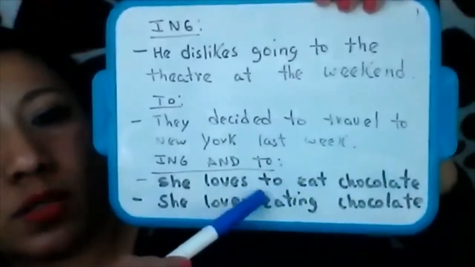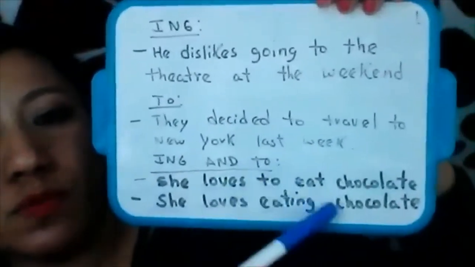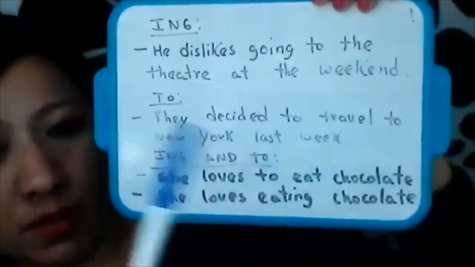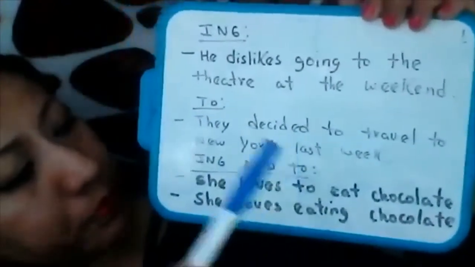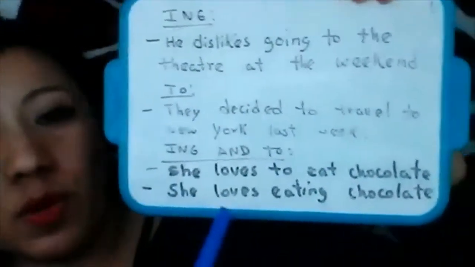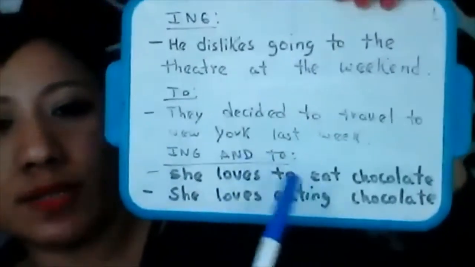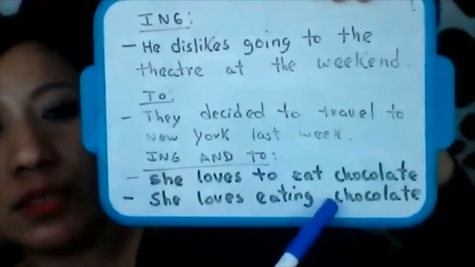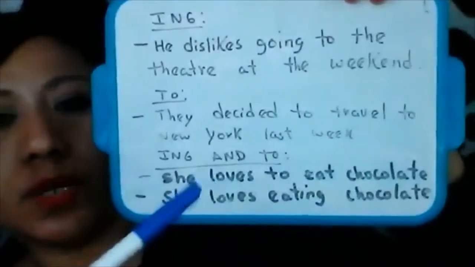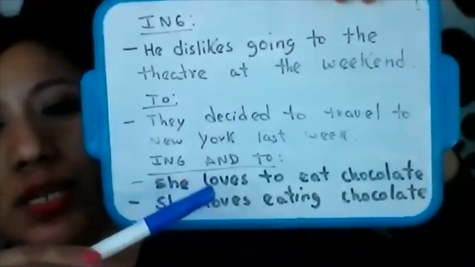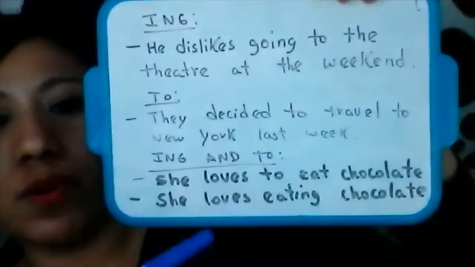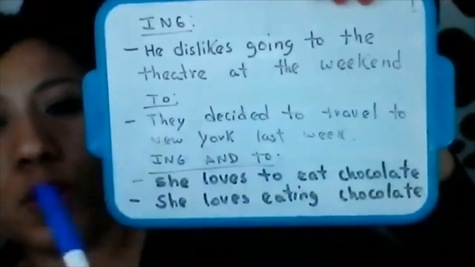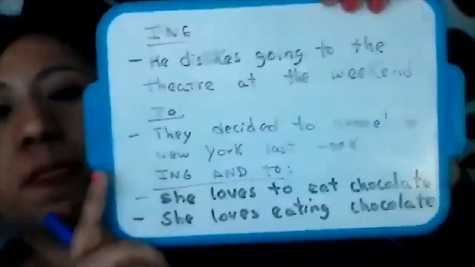Then you have got infinitive to and another verb that is in the infinitive or base form. The second one, I wrote the same example, and it's she loves eating chocolate. So what does it mean? That love, if you say with infinitive or with ing, both are correct, okay?